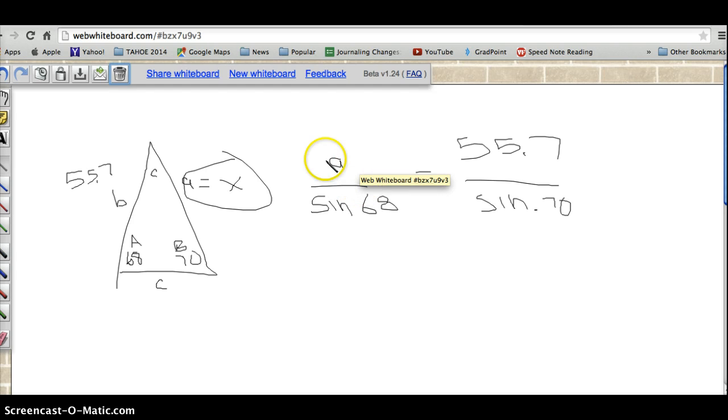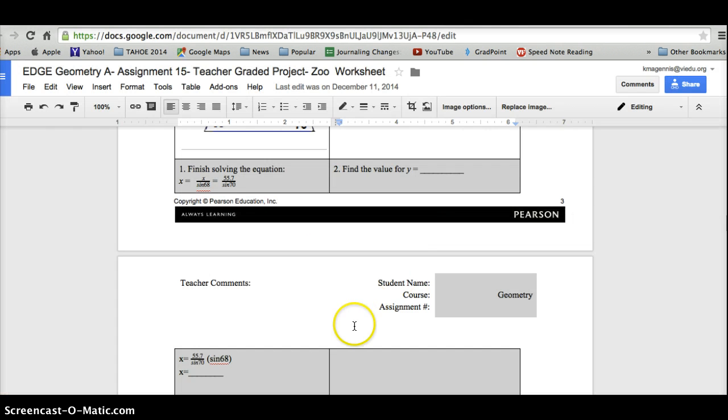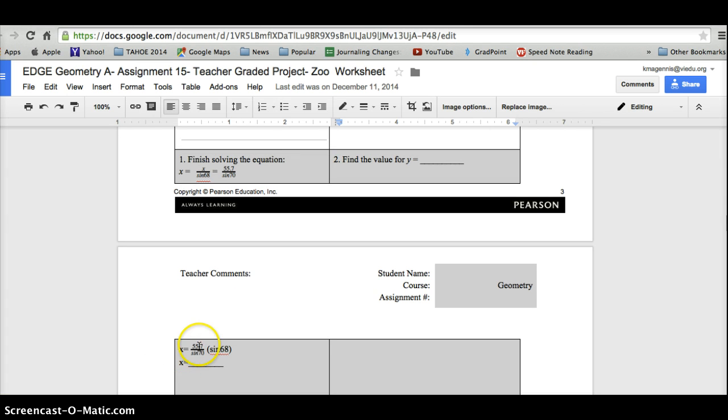Which in this case is really a. Since x is being divided by the sine of 68, I'm going to multiply both sides by the sine of 68. So I have this, right? X equals 55.7 over the sine of 70 times the sine of 68.